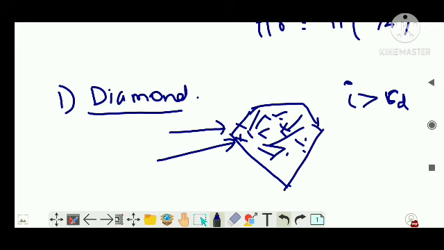So it will be continuously undergoing total internal reflection. That means when you just turn the diamond here and there, total internal reflection will be going on, right? So that's why we say diamond looks very, very beautiful. Clear?